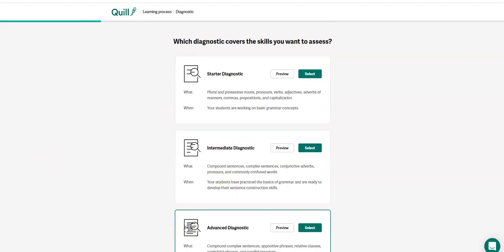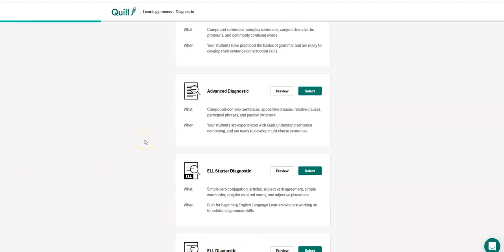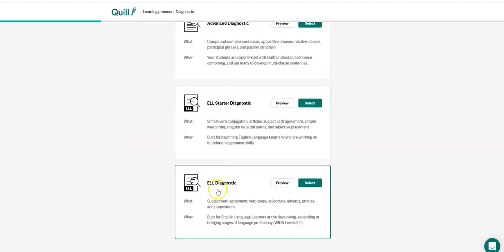I start all of my students out with the starter diagnostic, unless they are ELL students. Then you're going to want to assign them the ELL starter diagnostic. Now, I do know that at the beginning of the year, it's hard to tell where your student is, because you don't know them yet, so you don't know which one's going to be best.